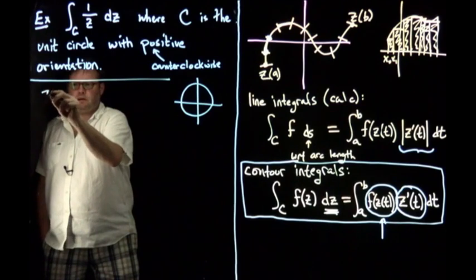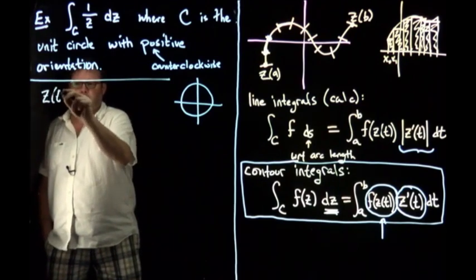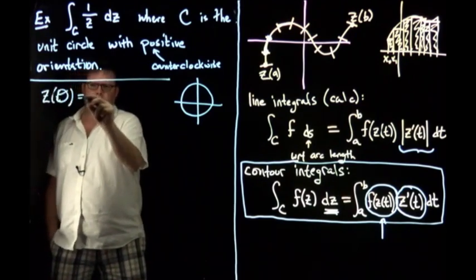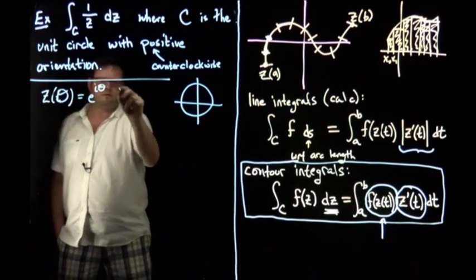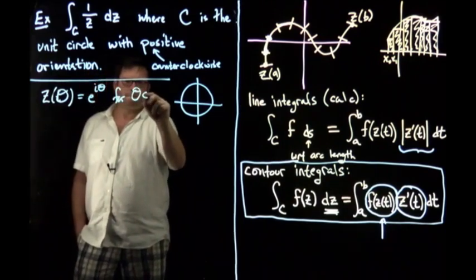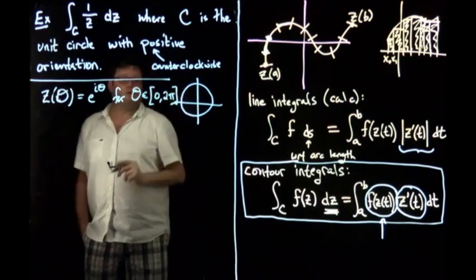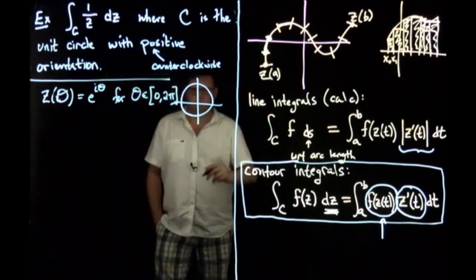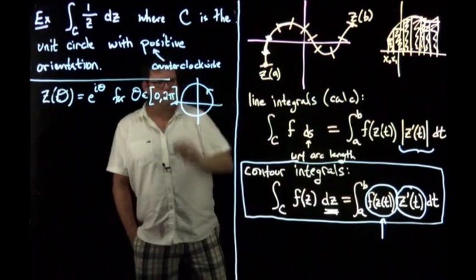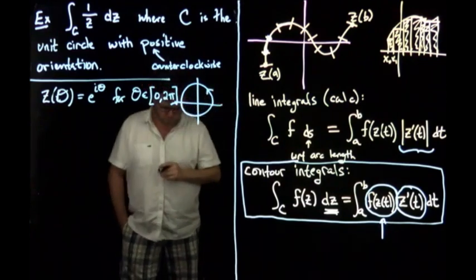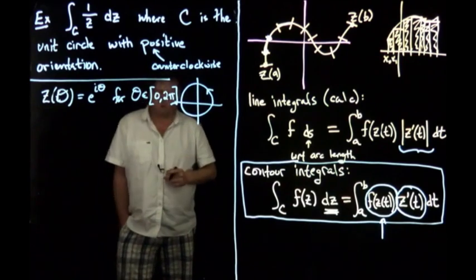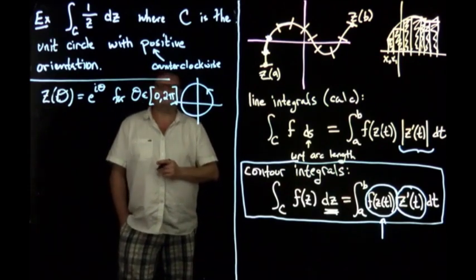So z of theta will be e to the I theta. Okay, and theta will run from 0 to 2 pi. That's parameterizing our unit circle in the positive counterclockwise orientation.